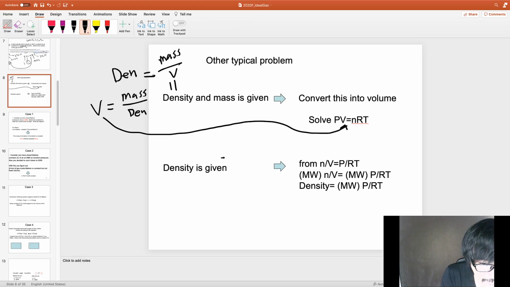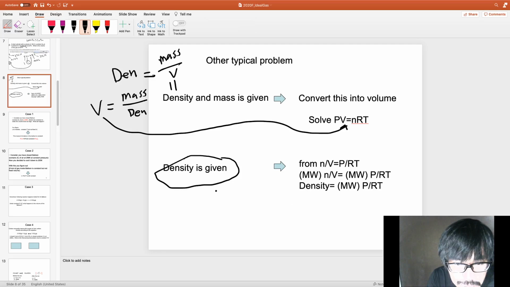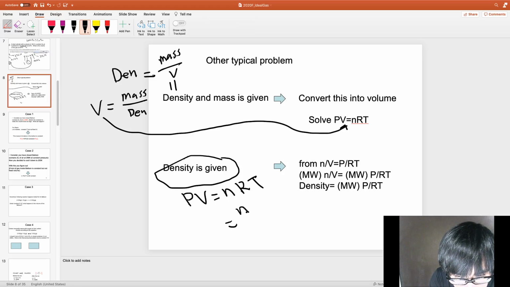And a little bit more complicated problem is that I only give you the densities. What's going to happen here? Let's just start out with PV equal nRT, and then we're going to get the number densities.